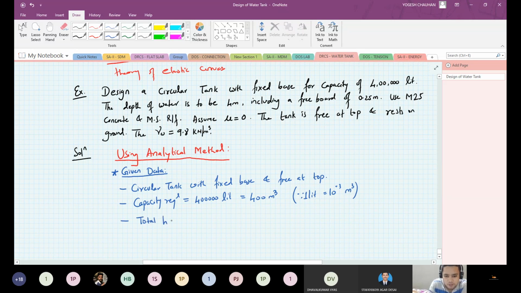And total height is given to you, that is capital H, that is 4 meter.